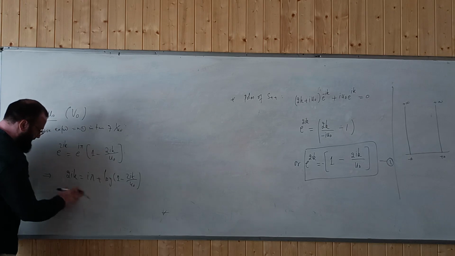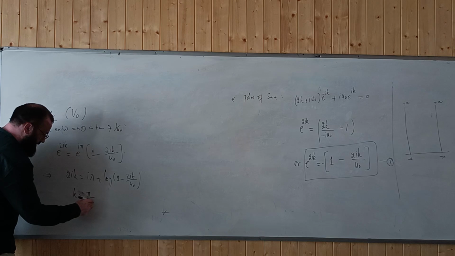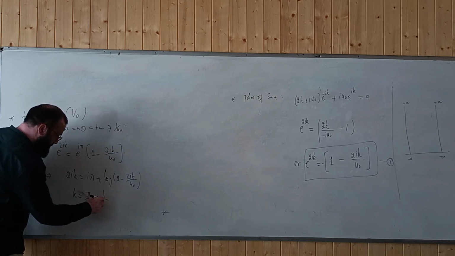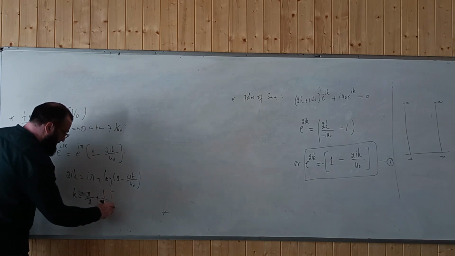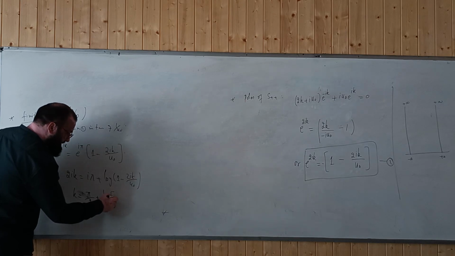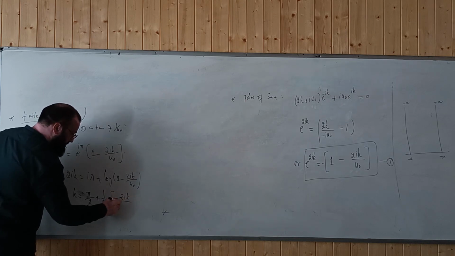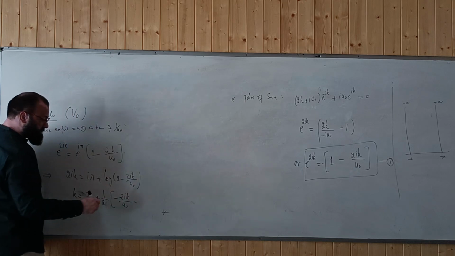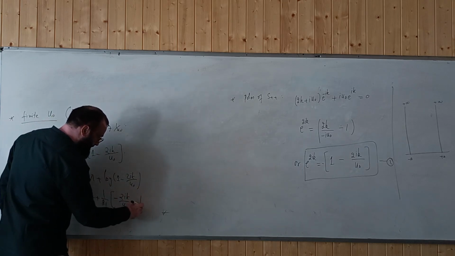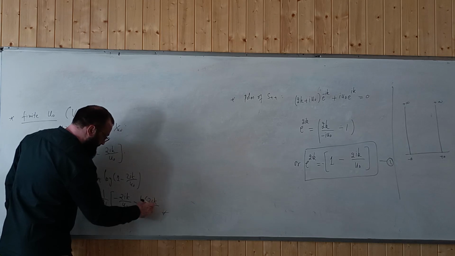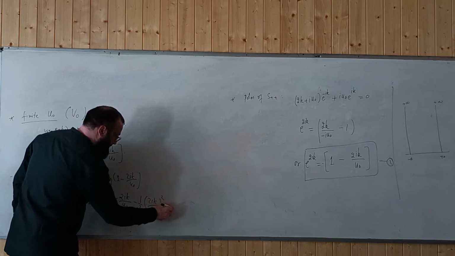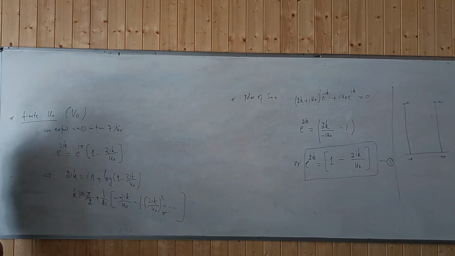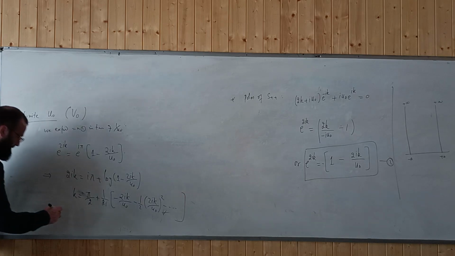So let's write k is equal to pi by 2 plus 1 by 2i. It will be minus x, so twice ik by u naught, minus x square by 2, so that is 1 by 2 twice ik by u naught whole square, minus x cube by 3 and so on. We'll go only up to order of 1 by u naught square because 1 by u naught is small.